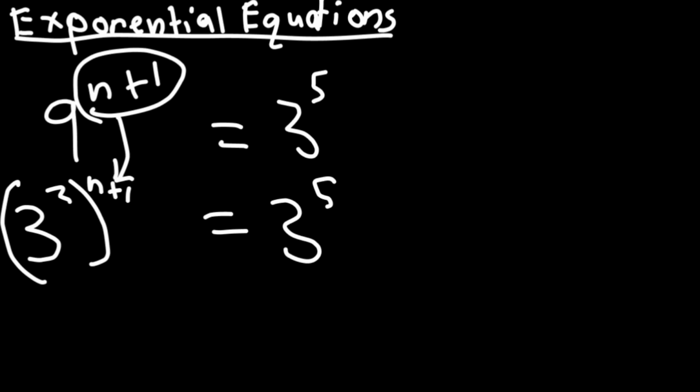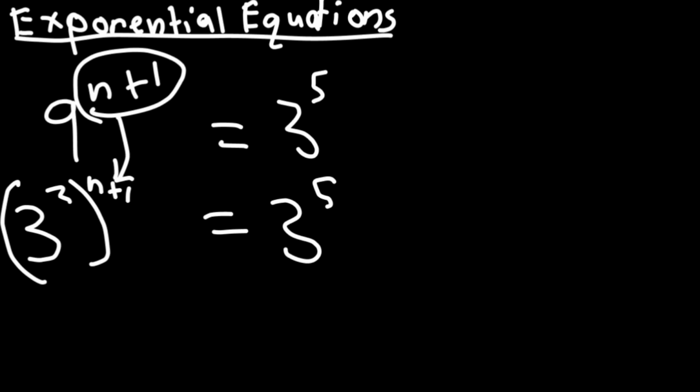So what this basically means is you turn the base into the other base. And then that power it has of n plus 1, that just gets raised to a power. So 3 to the power of 2 raised to the power of n plus 1.